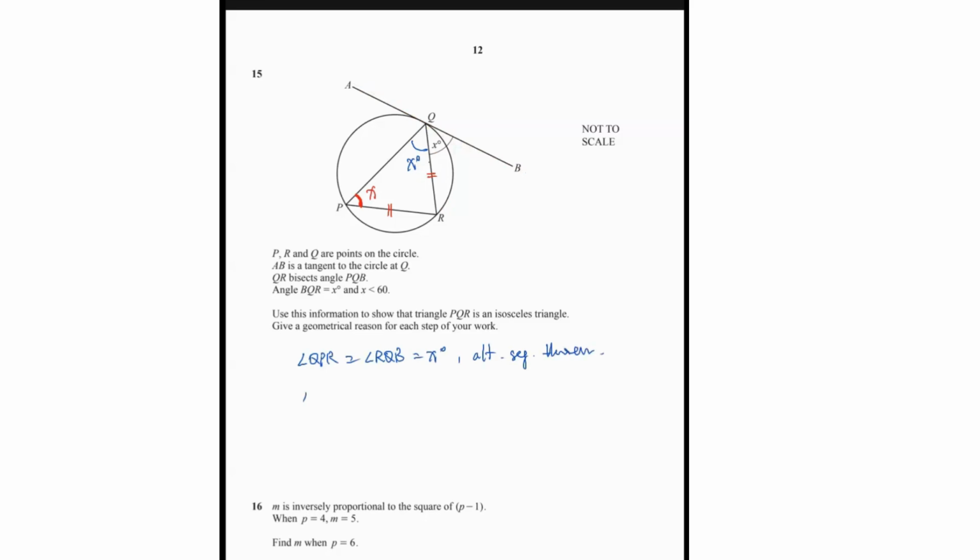Okay, and because angle PQR equals angle RQB, which is x, this is given as QR bisects angle PQB. And because angle QPR equals angle RQP, you can deduce that triangle PQR is isosceles.